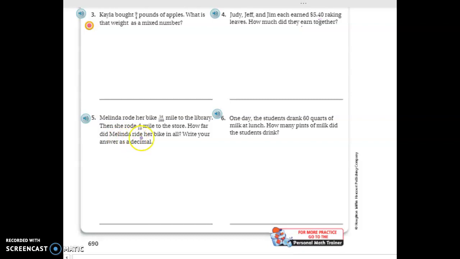How far did Melinda ride her bike in all? Write your answer as a decimal. Here's a hint. The denominators must be the same. But remember, they want the answer as a decimal. Number 6, one day the students drank 60 quarts of milk at lunch. How many pints of milk did the students drink? You can refer back to the conversion tables in previous lessons.